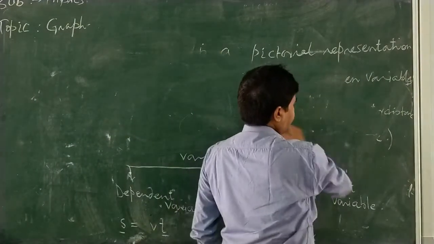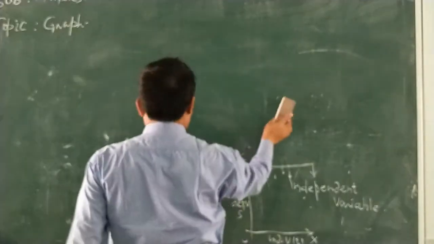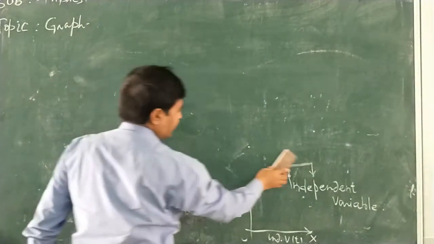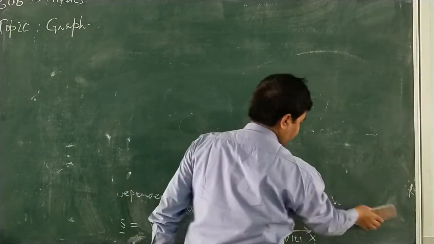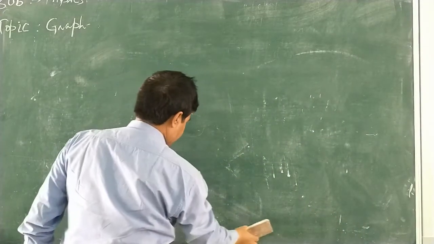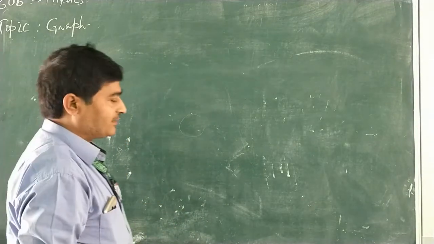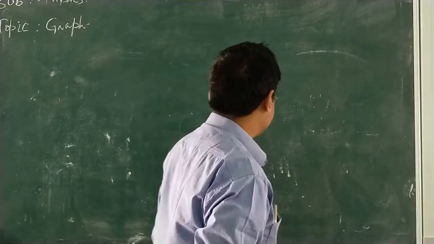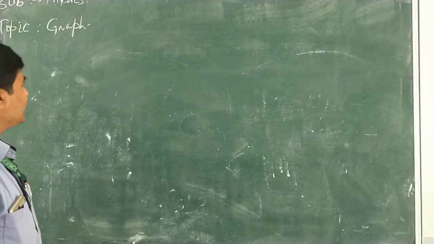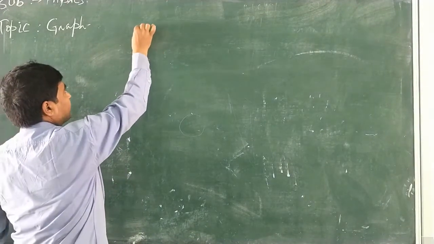Graph is a pictorial representation to understand the relation between the various physical quantities. Variables are dependent variable and independent variable. Independent variable are taken on x-axis and dependent variable are taken on y-axis. This is only a convention. Types of graph.